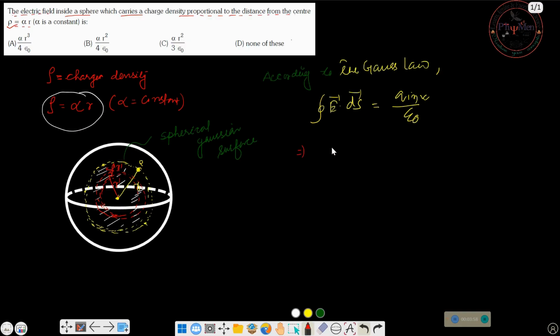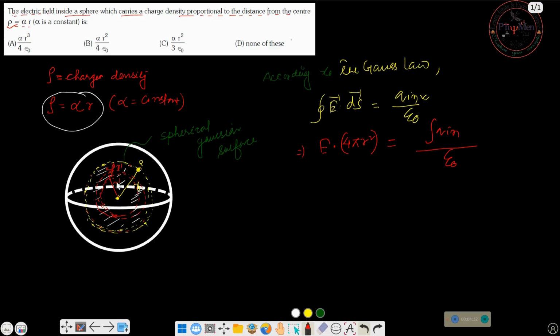For this Gaussian surface, E dot ds is the electric field on the Gaussian surface, which is the same all over it, so E into 4 pi r square, because the area of the Gaussian surface is 4 pi r square. And q in is all the charge inside this Gaussian surface, divided by epsilon naught.